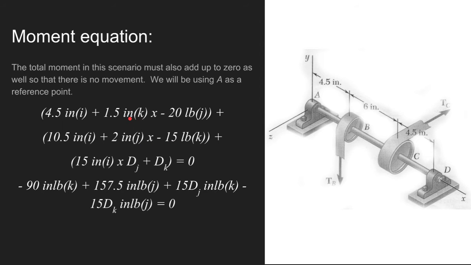And so if we take the cross product of this and this, then we'll find that we can simplify this equation to negative 90 inch-pounds in the K direction plus 157.5 inch-pounds in the J direction plus 15 multiplied by DJ in the K direction plus 15 DK equals 0.